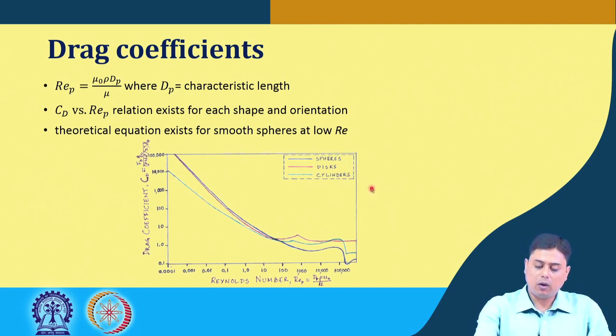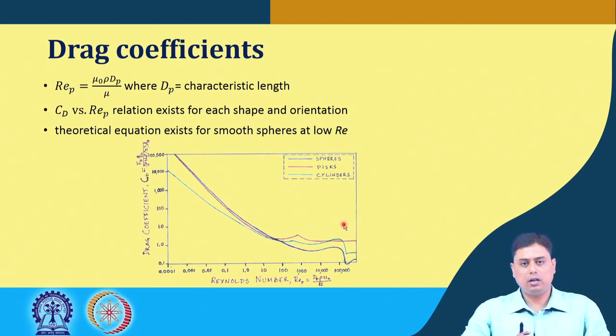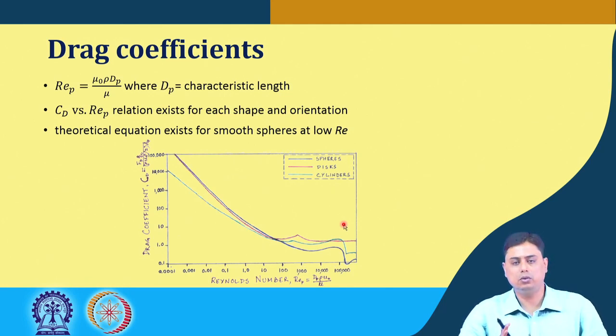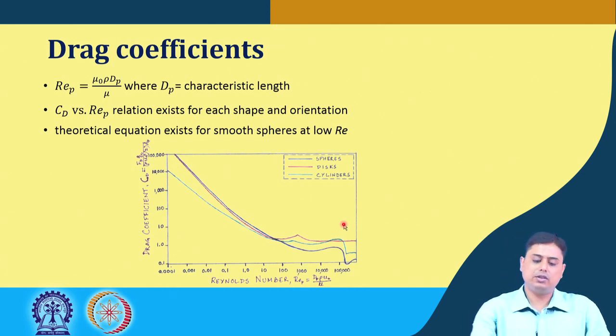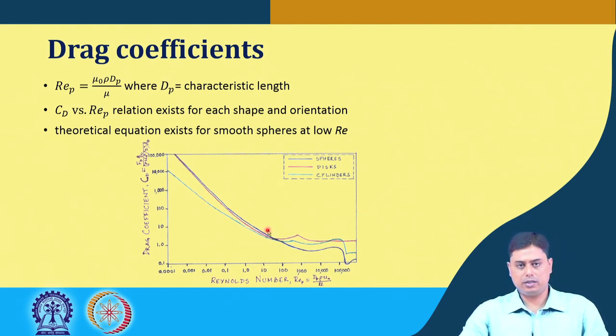But remember one thing, this graph is shown for a particular orientation of the spheres, discs, and cylinders, where the axes are perpendicular to the direction of the flow. If that does not apply for your case, then such graphs cannot be applied to extract the drag coefficient value for a particular particle Reynolds number.